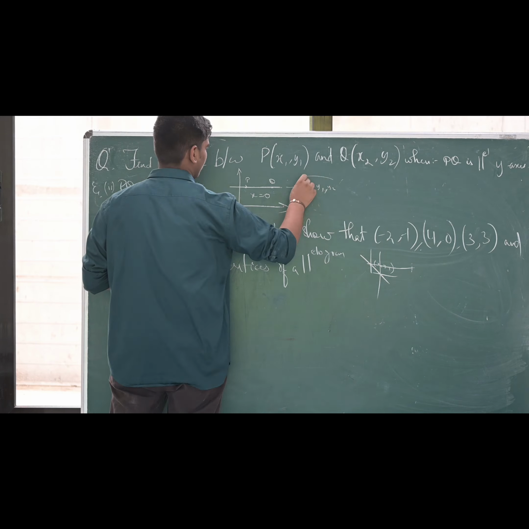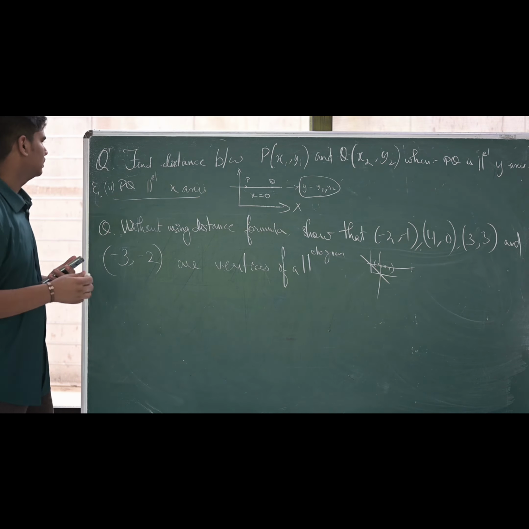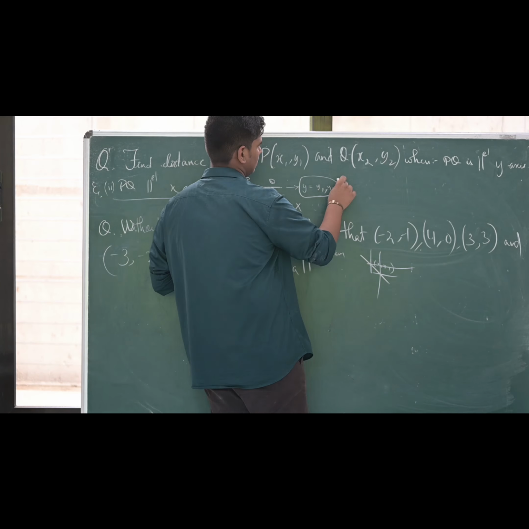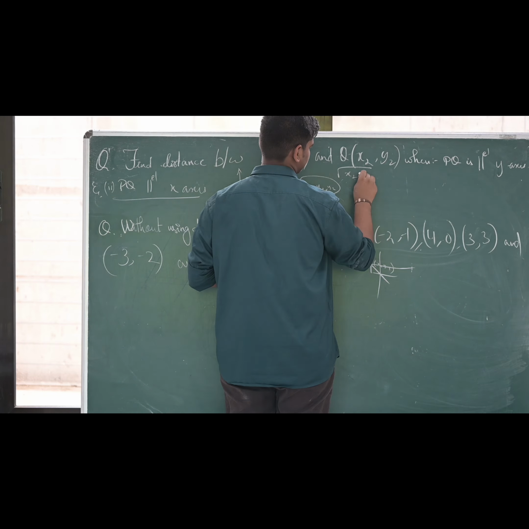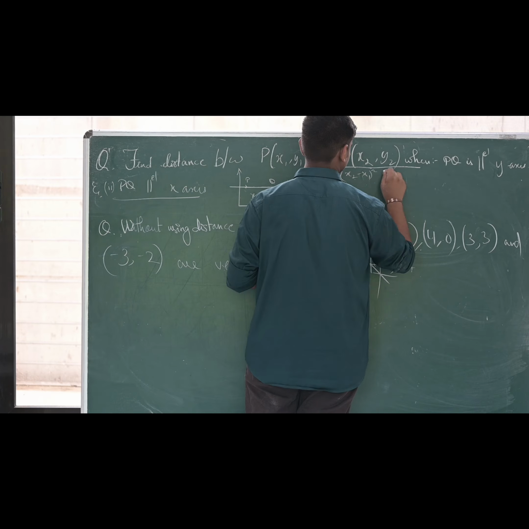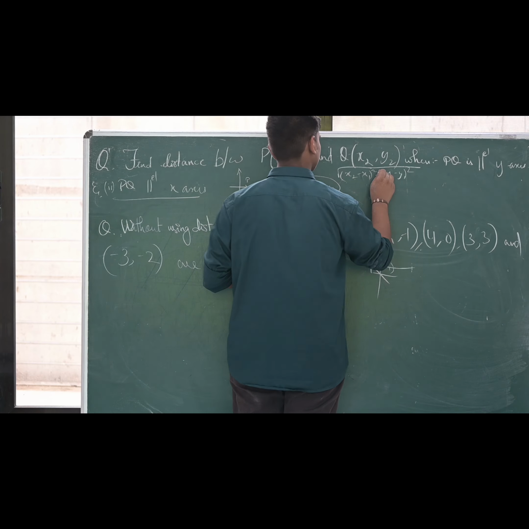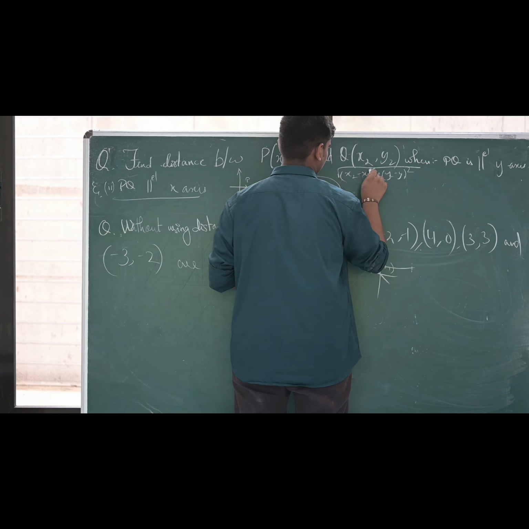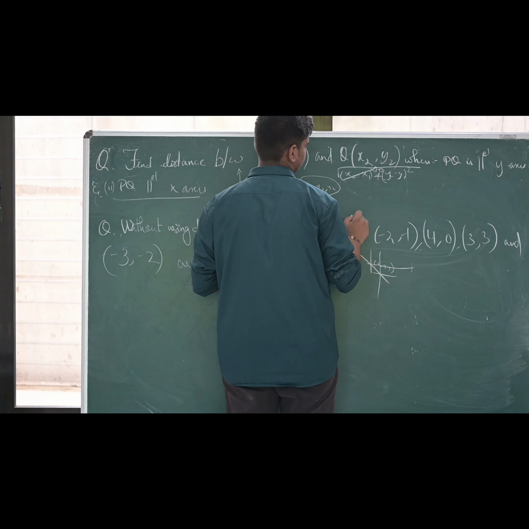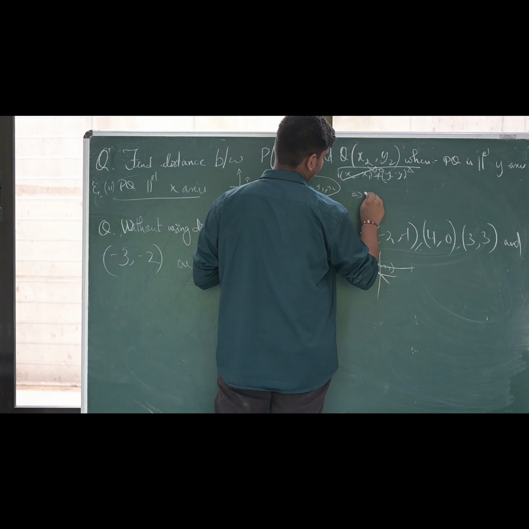Now, y will have y values. Using the distance formula, what will we do? Root of (x2 minus x1) whole square plus (y2 minus y1) whole square. Now, we won't have x2 minus x1, it will result in 0. So the root and square will get cancelled, leaving y2 minus y1.